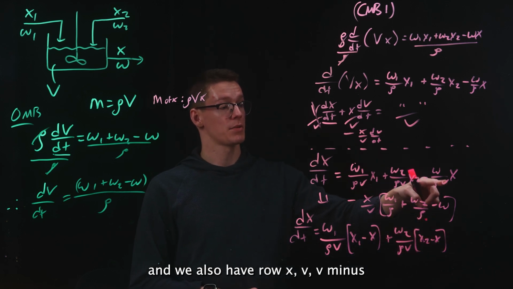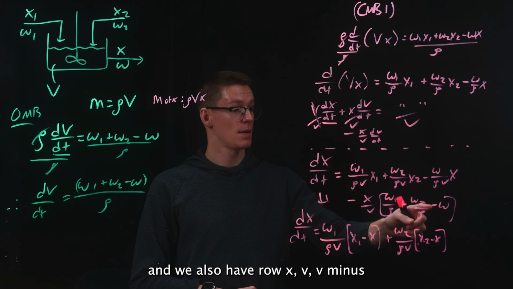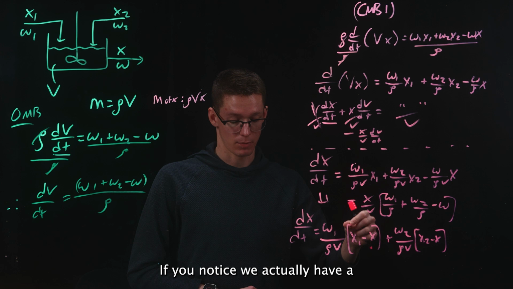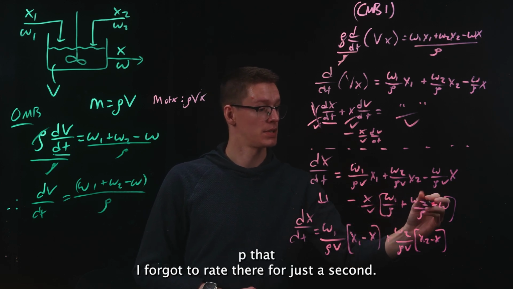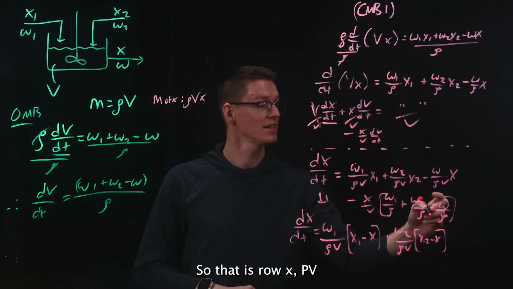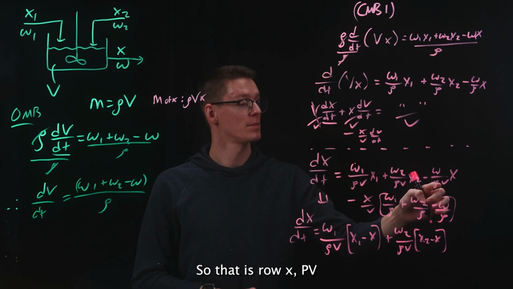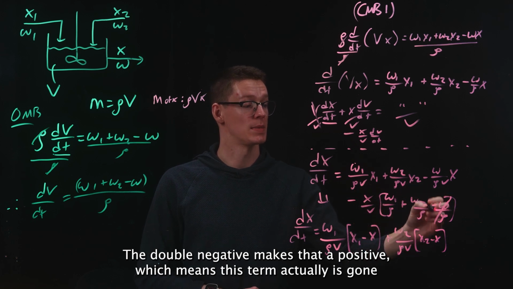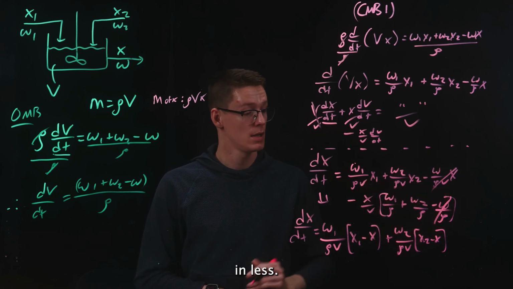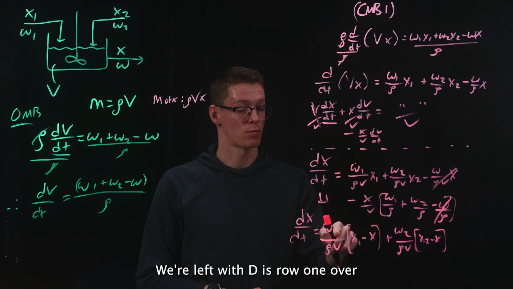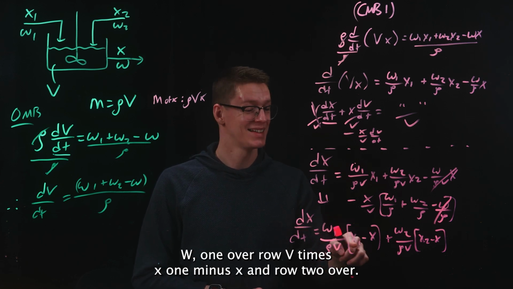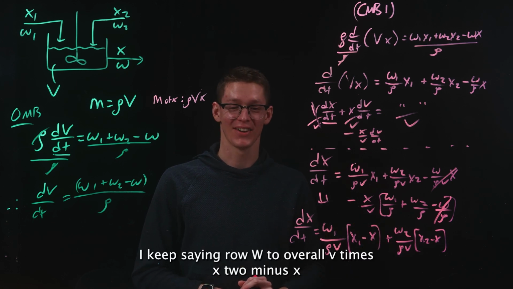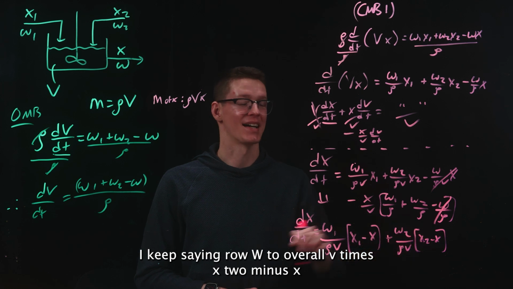And we also have rho x V and minus rho x over V. If you notice, I forgot to write the rho there for a second, so that is rho x V and rho x V all together. The double negative makes that a positive, which means this term is gone. We're left with dx/dt is w1 over rho V times x1 minus x, and, my apologies, I keep saying rho, w2 over rho V times x2 minus x.